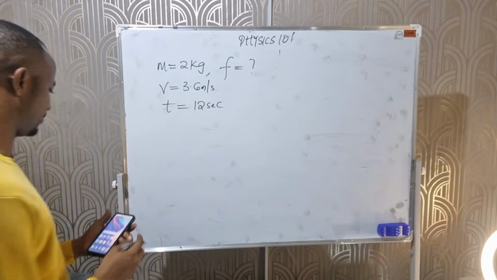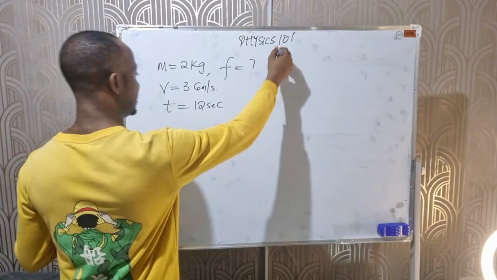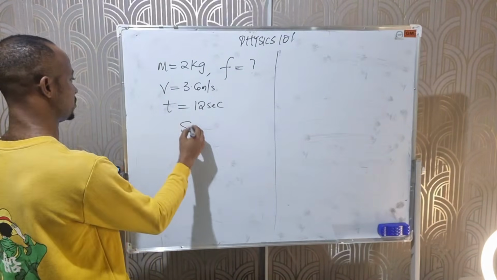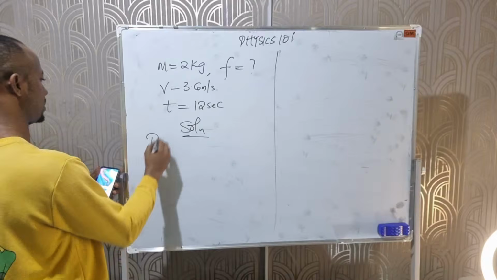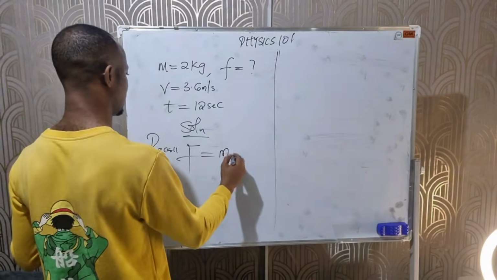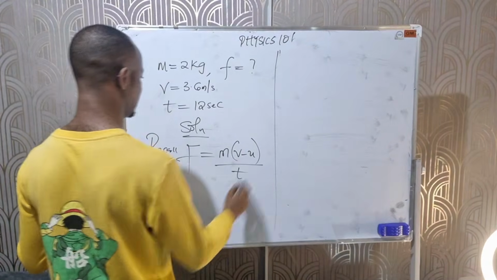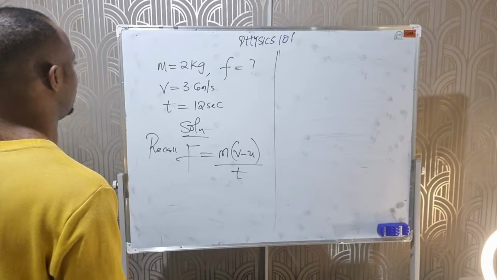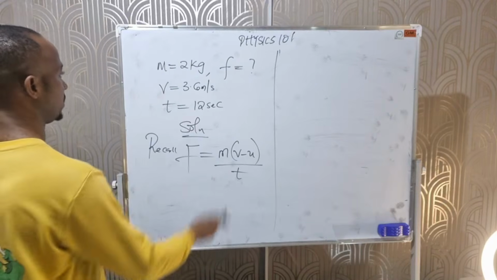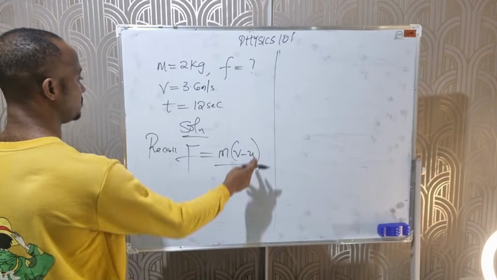This is a very simple case here. What we need to do first is to apply Newton's second law of motion, right? For the solution, you have to recall that force is equal to m(v minus u) over t. For this kind of question, we don't have our initial speed, so we're going to assume it to be 0.